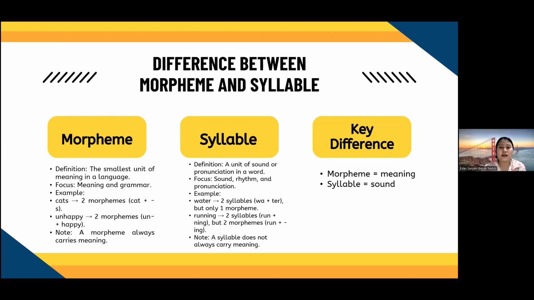The focus is sound, rhythm, and pronunciation. For example, water has two syllables but only one morpheme. Running has two syllables and also two morphemes, run and ing. A syllable does not always carry meaning. So the key difference: a morpheme is about meaning, a syllable is about sound.